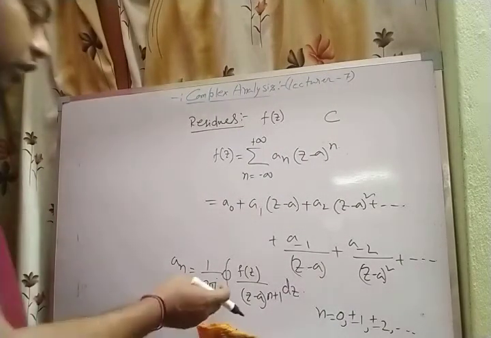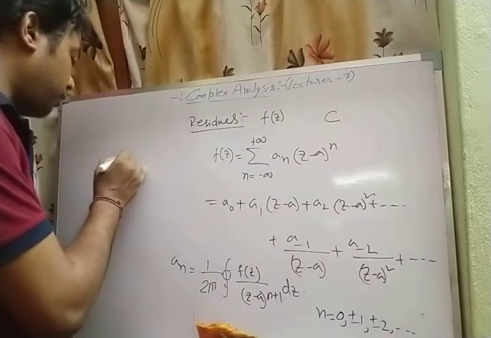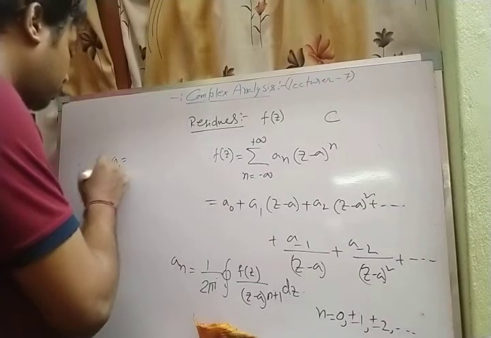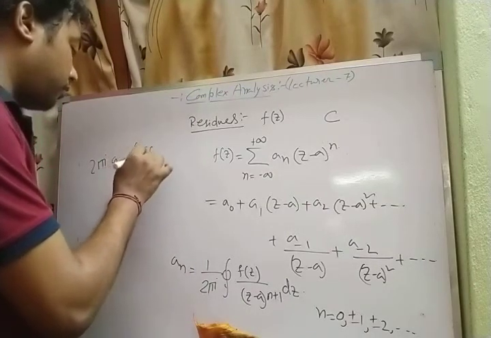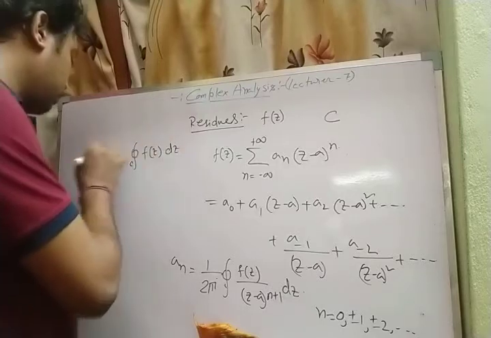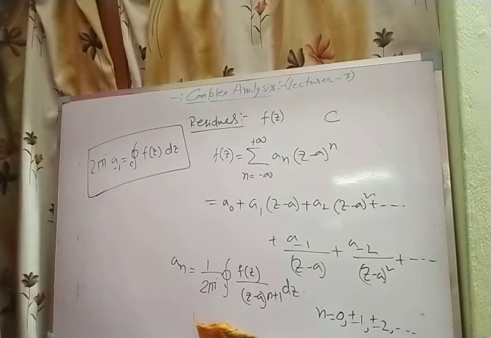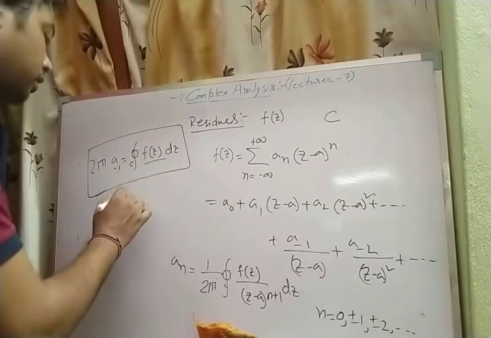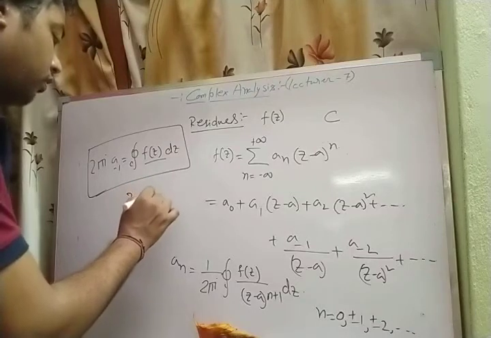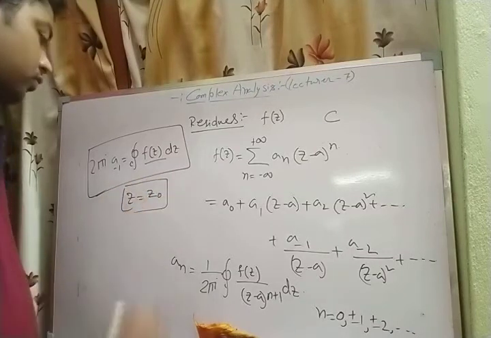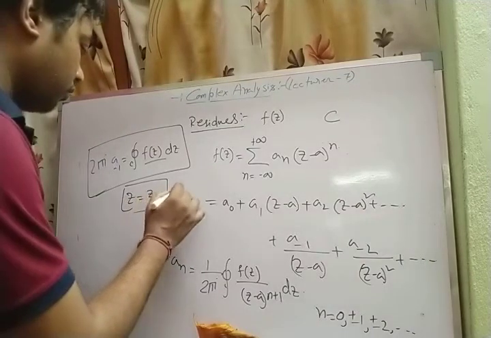By putting n equals minus 1 in this equation, we can easily find a_{-1}, which equals 1 by 2 pi i times the closed integral over C of f(z) dz. This is called the residue of the function f(z) at z equals z_0, or in this case z_0 equals a.